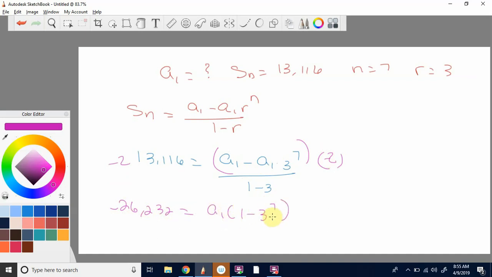But I must do 3 to the 7th power first, and then I can do 1 minus it. And then I'm going to divide both sides by 1 minus 3 to the 7th power. And when I put this in my calculator, I get a sub 1 is 12. All right? Stop the video, do the last guided practice, and we will see you in class.